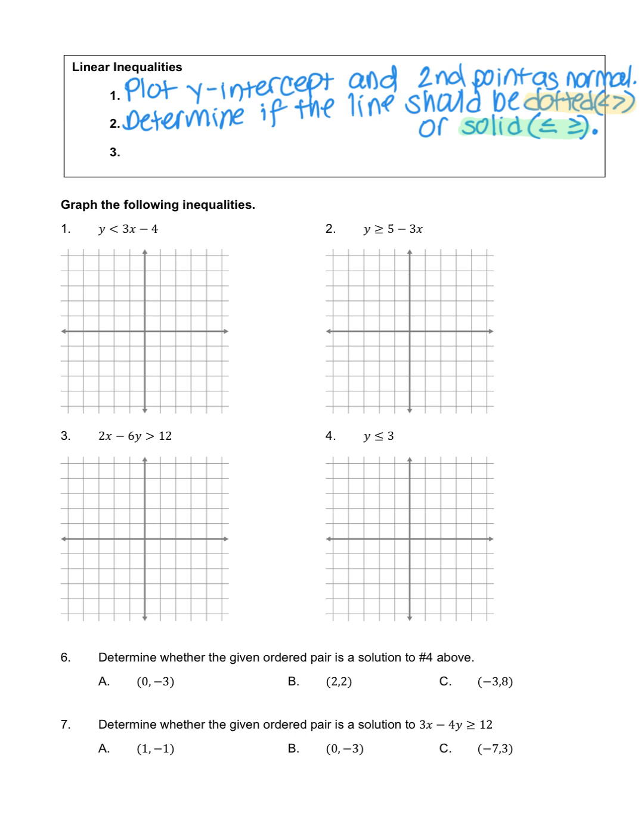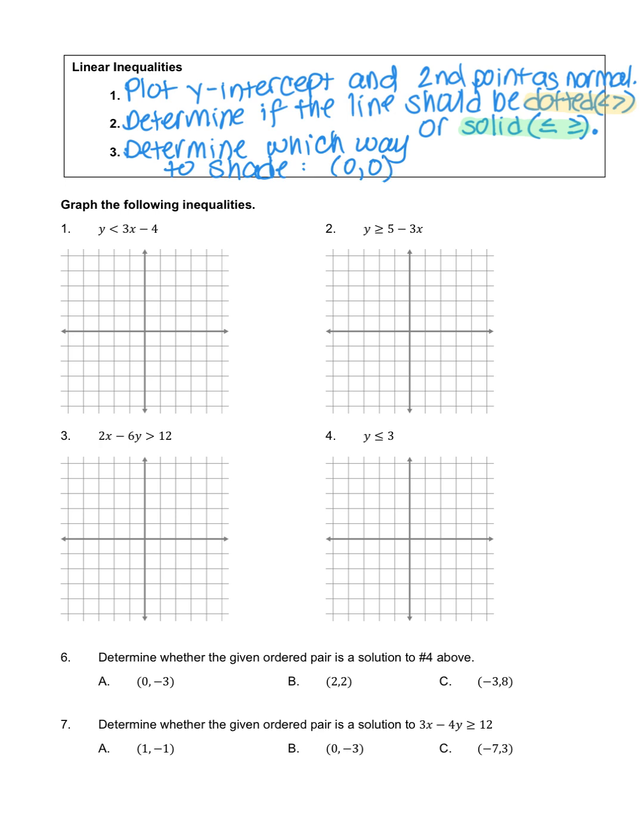Number 3, determine which way to shade. So how do we do that? So determine which way to shade. A very reliable way to determine which way to shade is to use a test point. I always recommend using the test point of 0, 0.